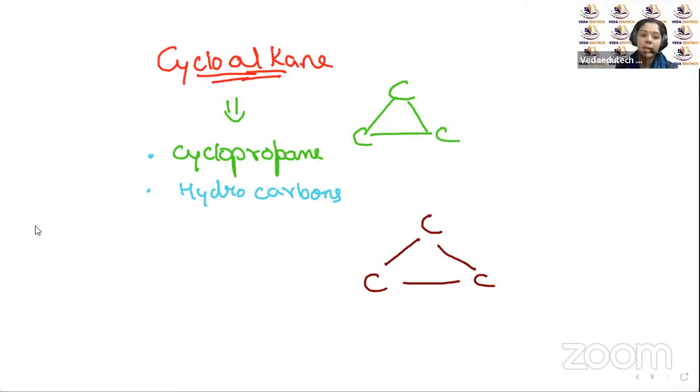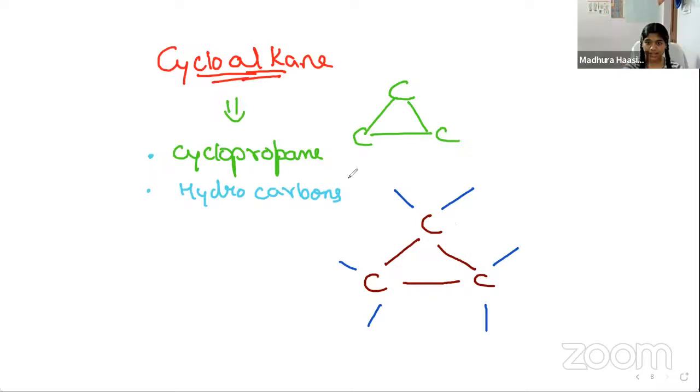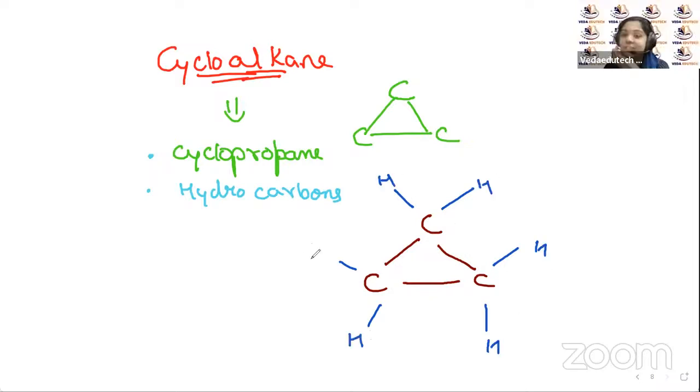Now we need to balance H. So 1, 2, 3, 4, 5, 6. C3H6. What is the formula of cyclopropane? We calculated it: C3H6.